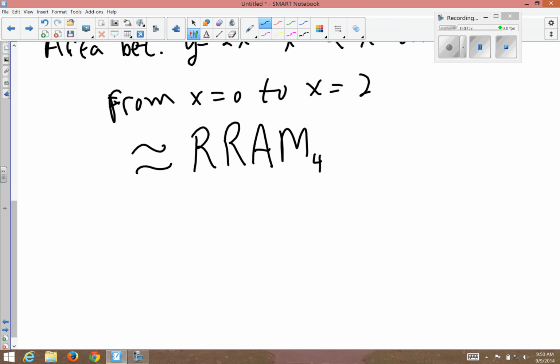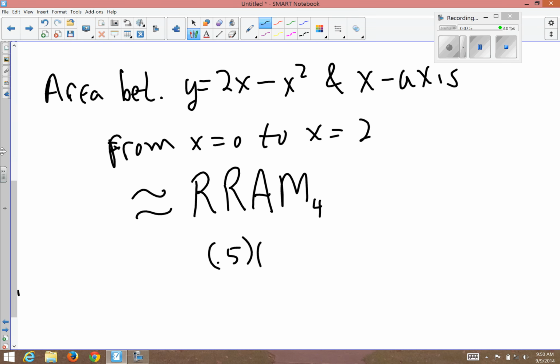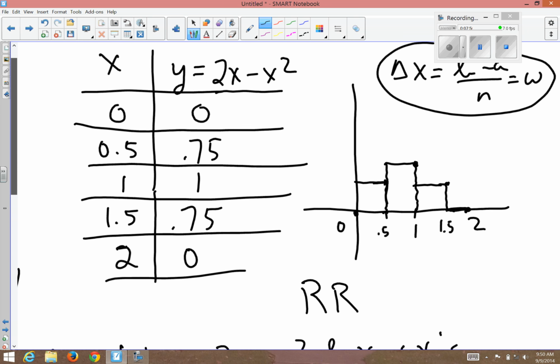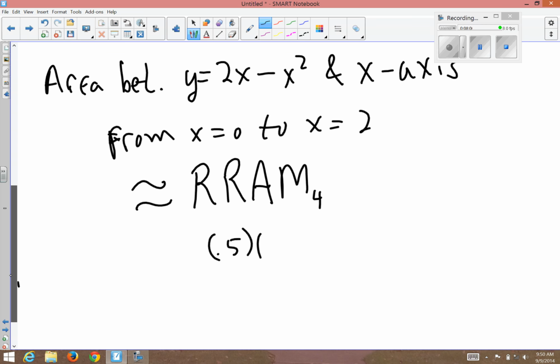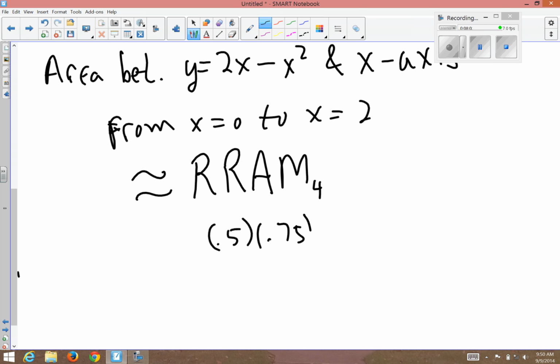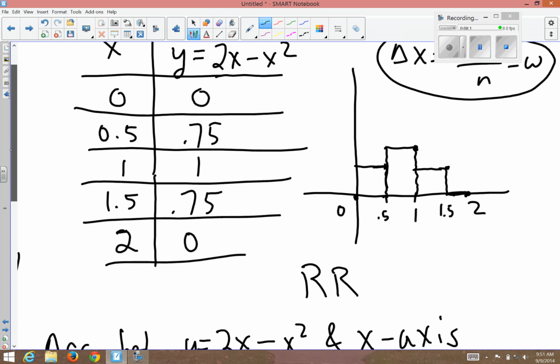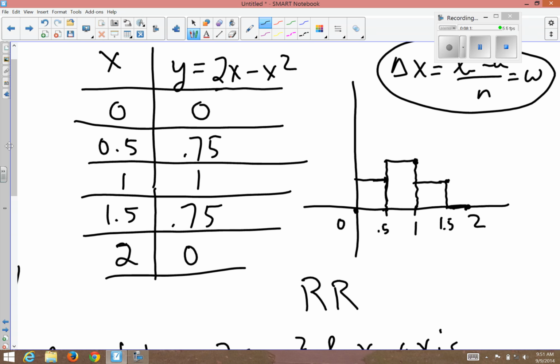So we take the width of the first rectangle times how tall it is, which would come from this table right here. It's actually in the picture, but it's 0.75. And we're going to add the area of the next rectangle, which has 0.5 width. The second rectangle's height is 1.